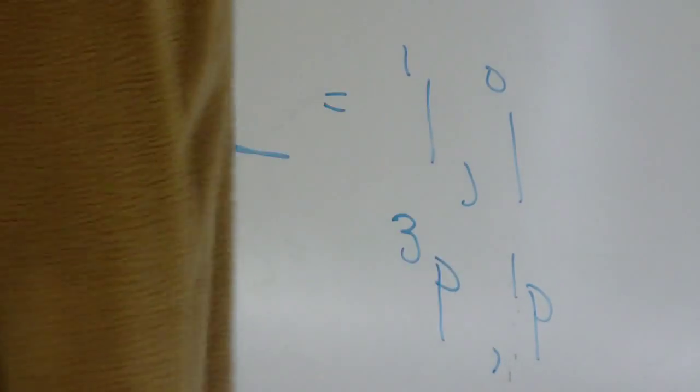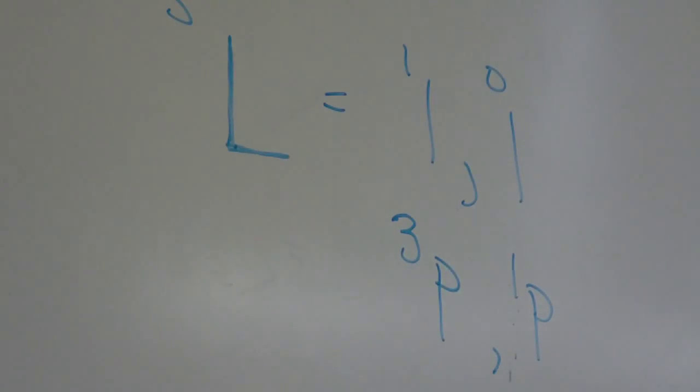So that's a singlet P. It's describing the angular momentum state of the system that you could have.